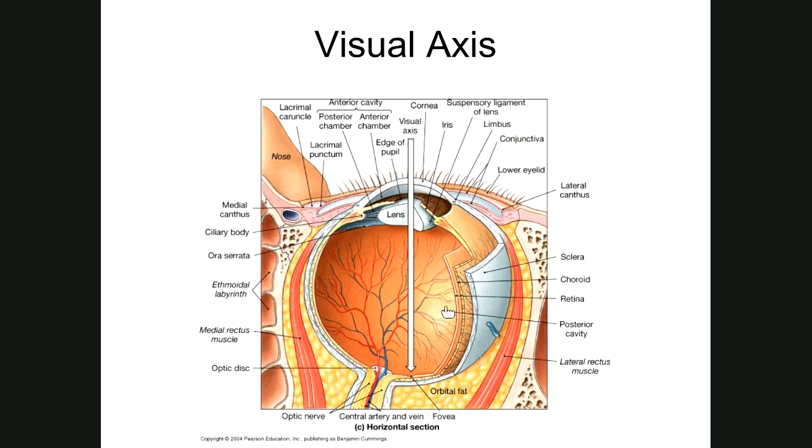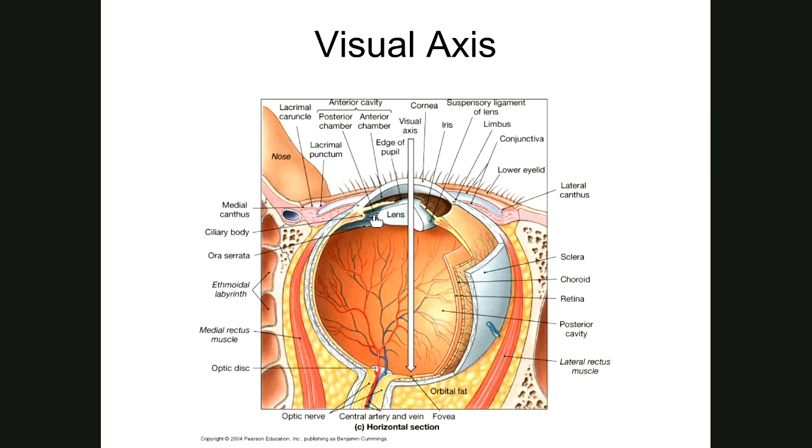Now let's look at some chambers of the eye. The lens, it's just right there, and the ciliary body, which is the ciliary muscle and the suspensory ciliary processes, sorry, divide the interior of the eye into the anterior and posterior cavities.